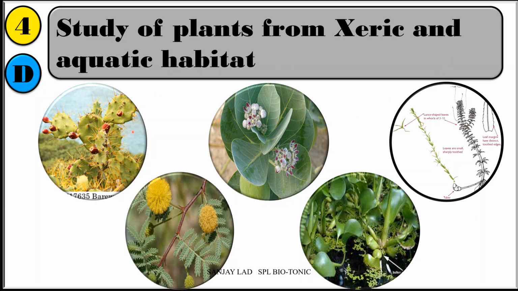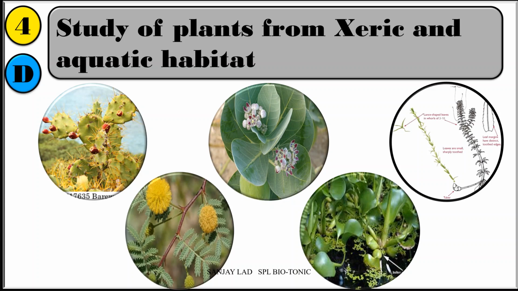Here, the plants like Opuntia dillenii, Acacia arabica, and Calotropis procera are the plants which are adapted for xeric, that is dry conditions, whereas Hydrilla and Eichhornia are aquatic plants.